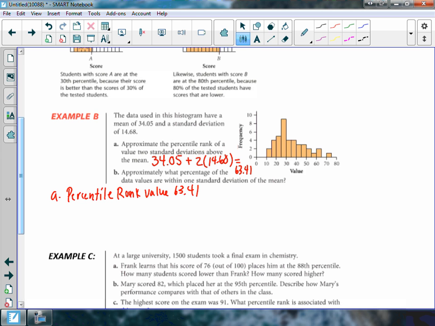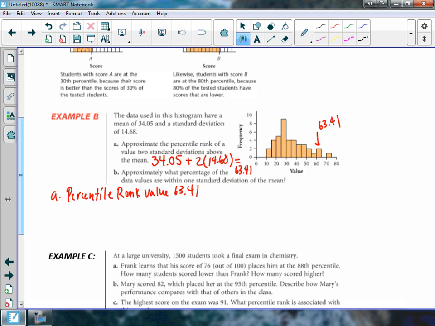And so we need to figure out essentially how many values fall below 63.41. Below what we know for sure is 63.41. If we take a look at our histogram, 63.41 falls into this particular bin. Do we know how many values are in that bin? Sure, we know there are 2. But can you tell me with certainty that those points are above or below 63.41? You really can't.